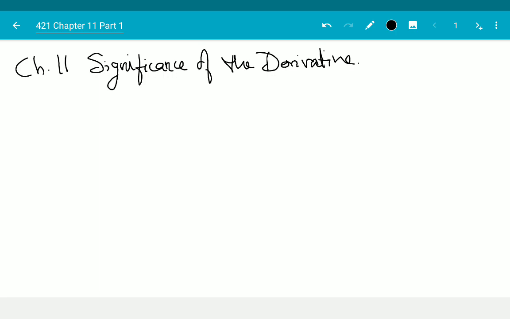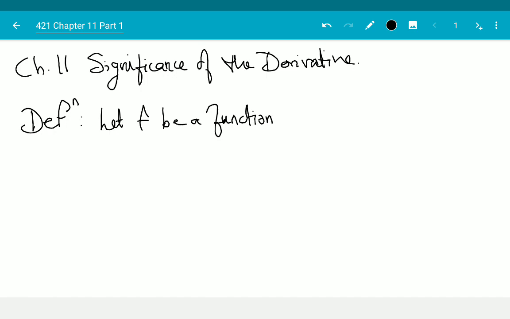Well, here's our first definition. This is something everyone here should know, but we are going to define it anyway. Let f be a function with a set A, which is a subset of the domain of f.